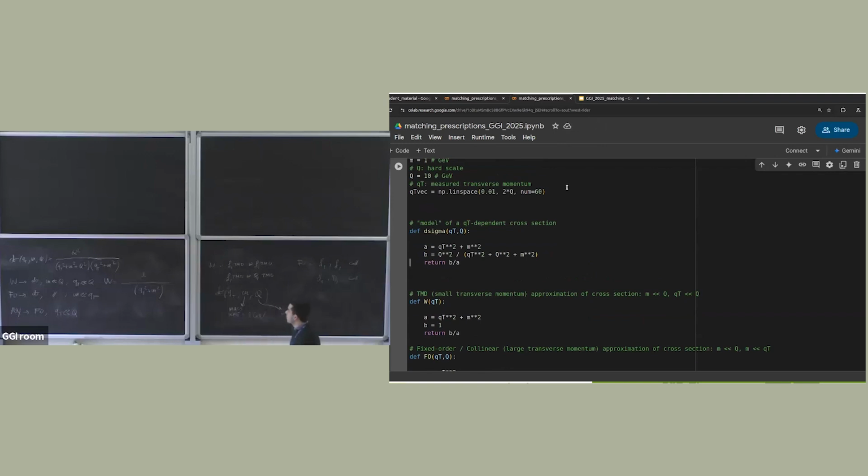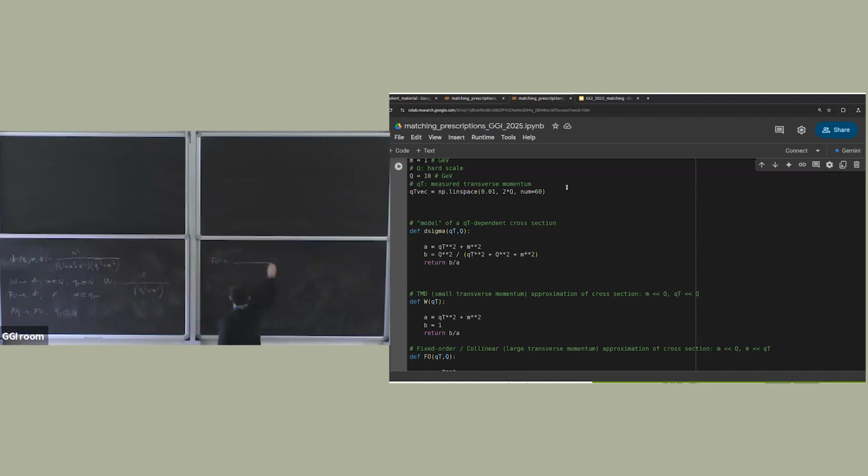What about the fixed order instead? Okay, let's see. So in QCD, it's not that simple, but this is just the exercise.